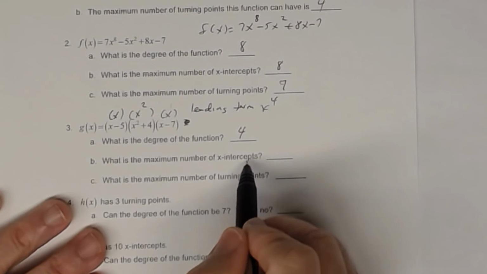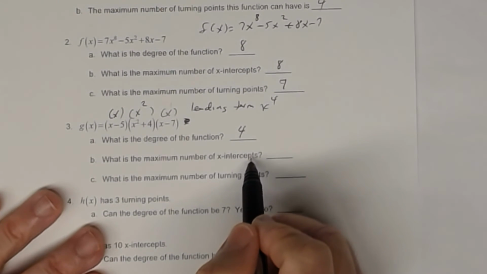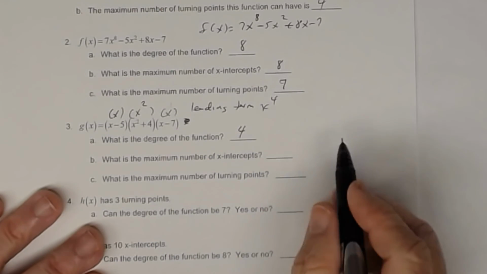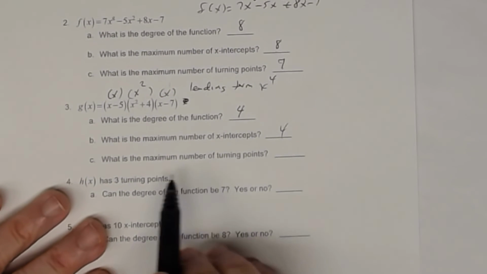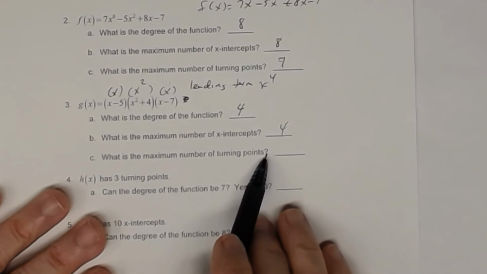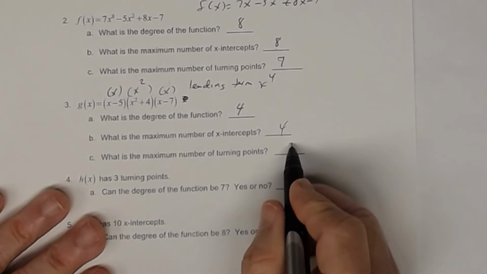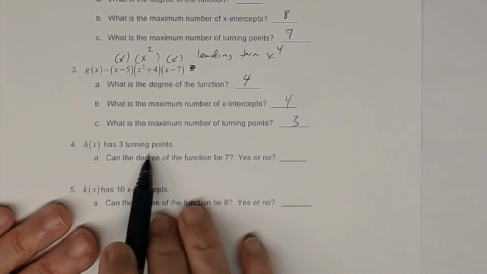All right, what's the maximum number of x-intercepts? The maximum number is equal to the degree. And then what's the maximum number of turning points? It's always 1 less than the degree, so it'll be 3.